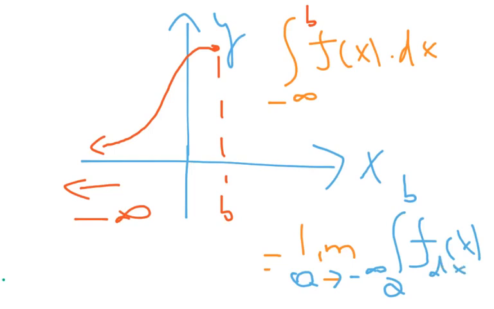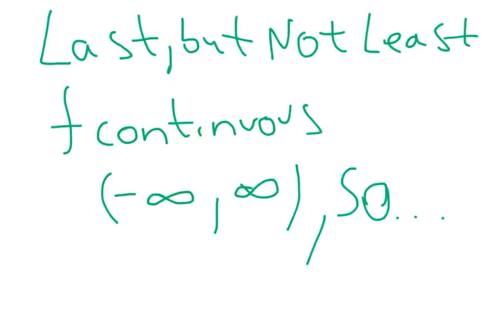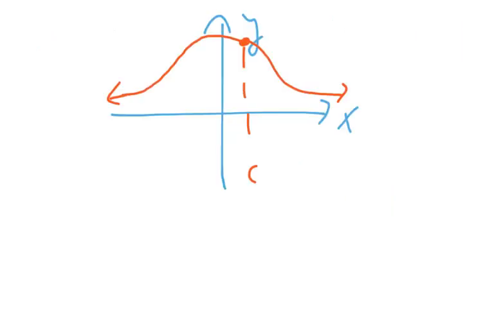It's as simple as that. So, lastly but not least, of course, we're going to express a more difficult integral. So again, f is continuous, but now the interval is from minus infinity all the way to infinity. So how does that look? Let's check it out.